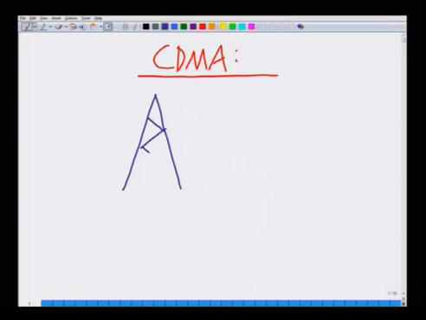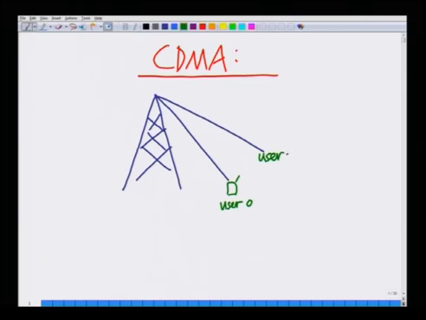I am considering a base station which is transmitting to two users, that is user 0 and user 1.